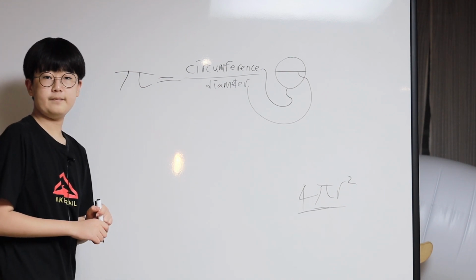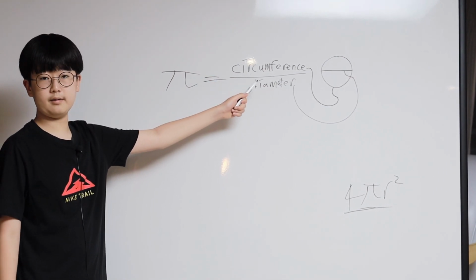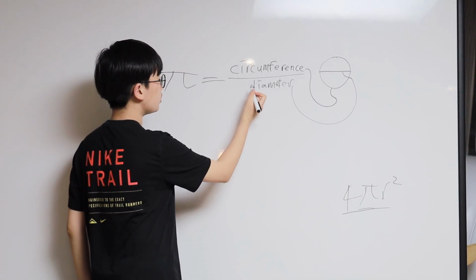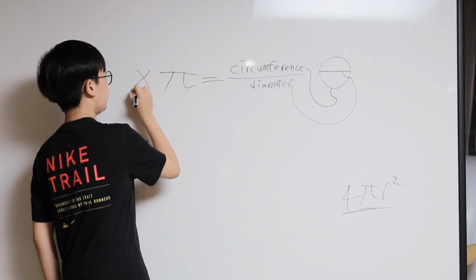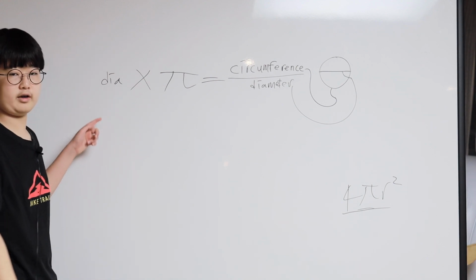Now we're going to define what a circumference is. So we multiply the diameter by pi.